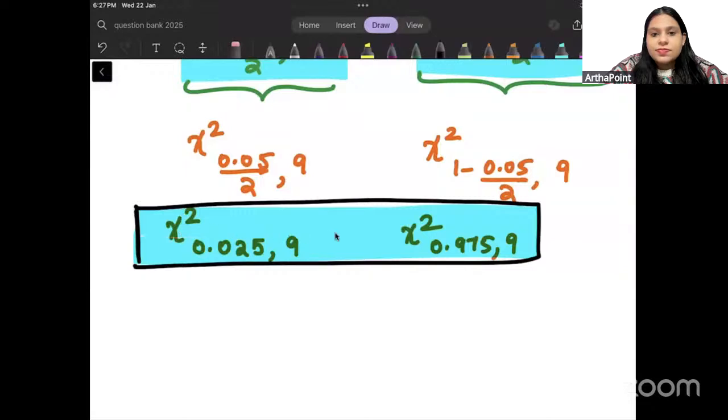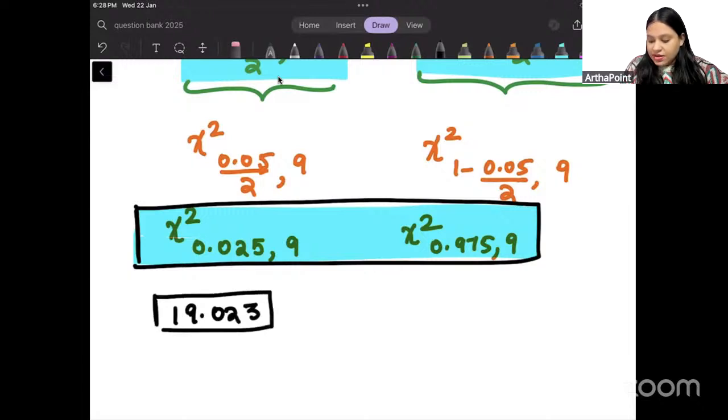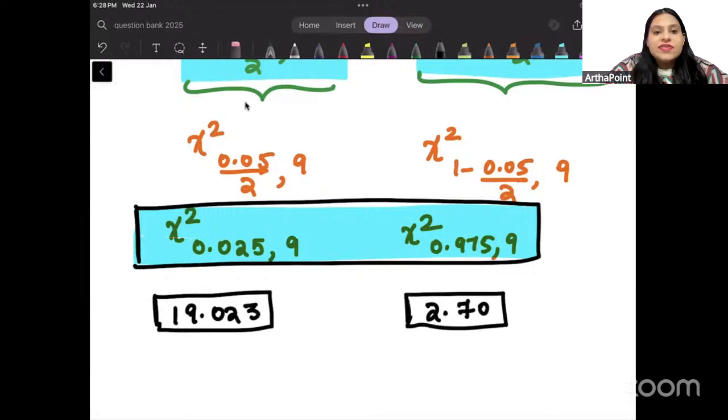Okay. 19.023 and 2.70. Is this correct? These are the values you are getting.